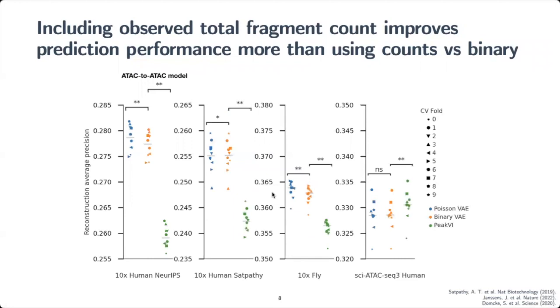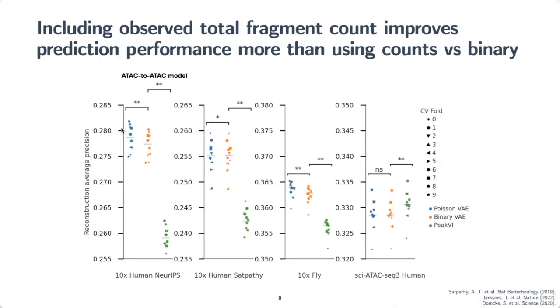And this is the outcome for the 4 different data sets that we used for this benchmark. 3 of them are 10x data sets from different organisms and different tissues. And the fourth one is an ATAC-seq 3 dataset, which uses multiplex indexing and is known to be sparser than the 10x readout.